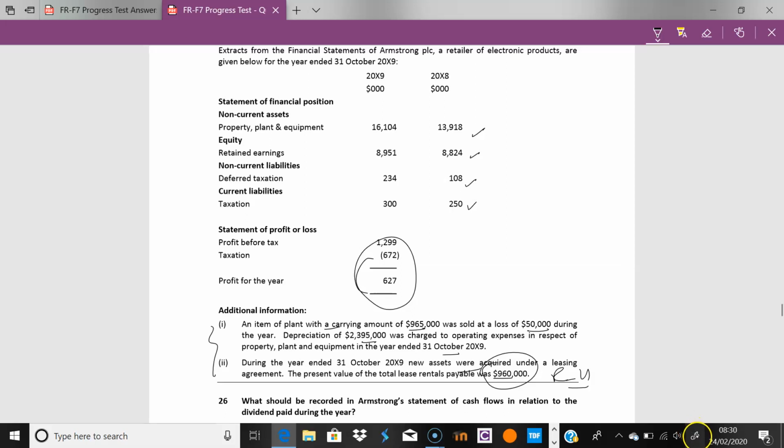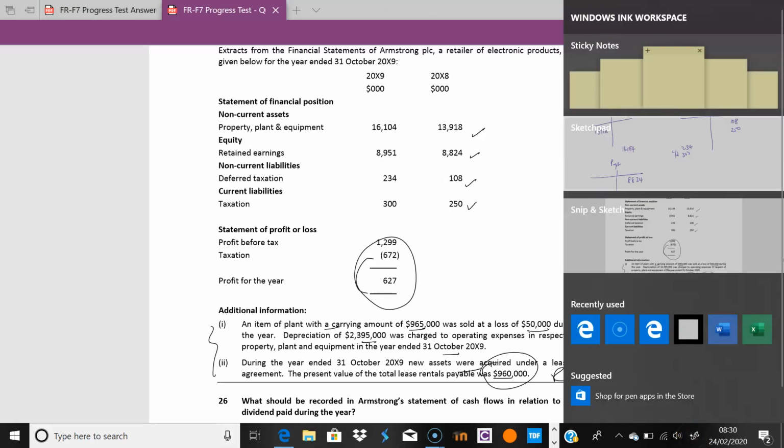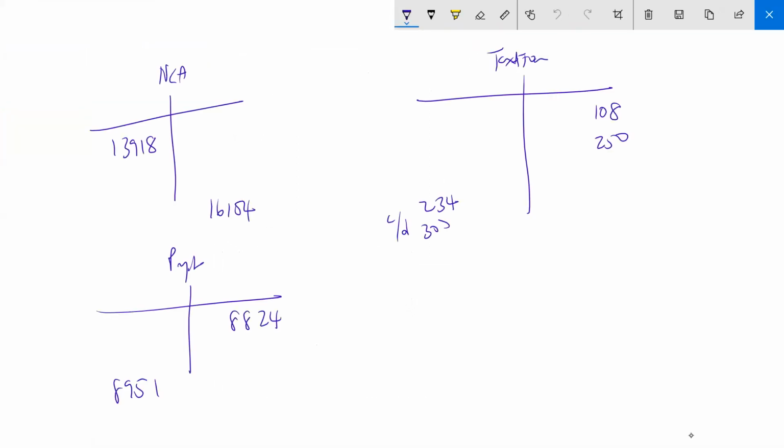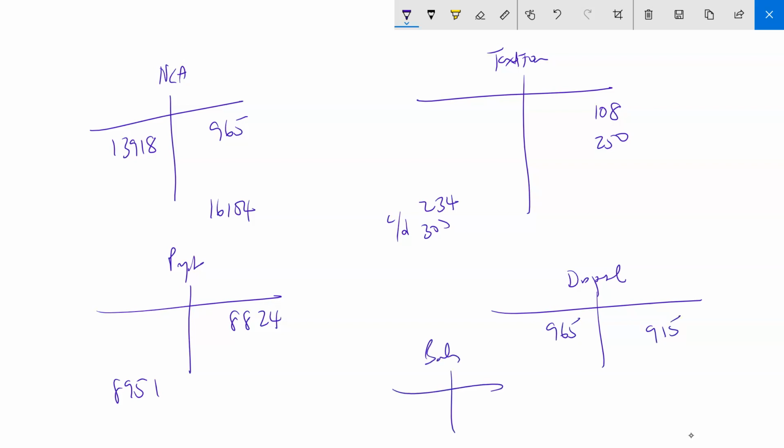So let's go back to our T accounts. Here in this non-current asset, we dispose of something worth 965. Open your disposal, 965. It says you made a loss of 50, so what you got in the bank was 915. Then depreciation of 2,395, so you have a depreciation expense of 2,395.